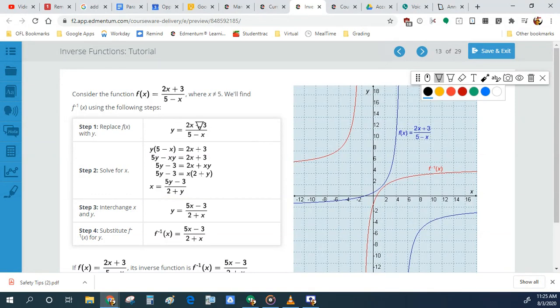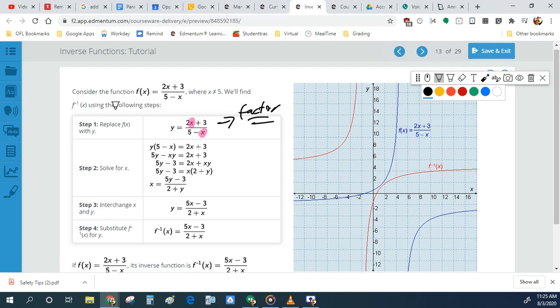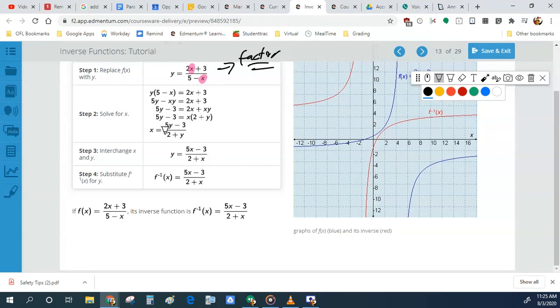Whenever you see something like this, where you have two x's somewhere down the line, this tells you you're going to have to factor. Once you get all this down, then it's as simple as flipping this.